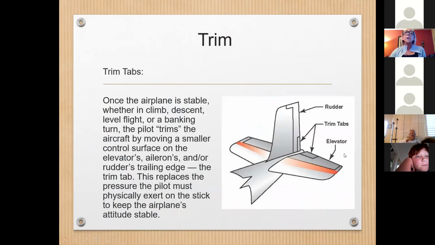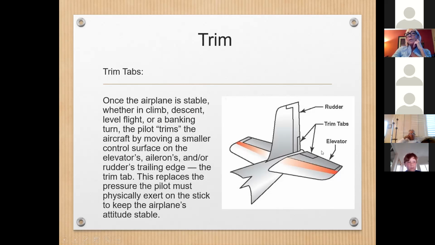Okay, trim is super important. Don wanted me to bring this up. If you're flying around, why fight the airplane? For me, I trim the airplane up as soon as I can, and we have the rudder trim on our airplane.